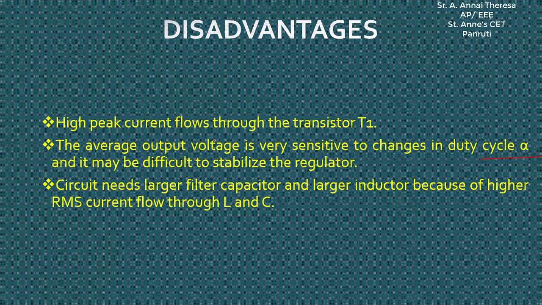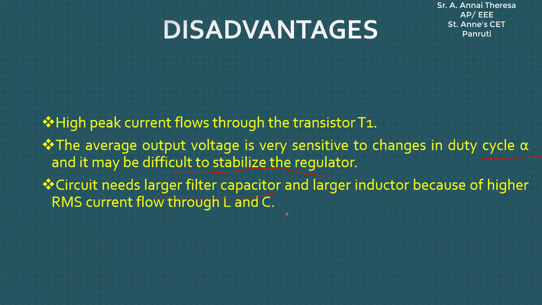So it is very difficult to stabilize the regulator. Then because of the high current flow through the LC circuit, we need a larger filter capacitor. This is also another disadvantage. So these are the disadvantages of boost converter.